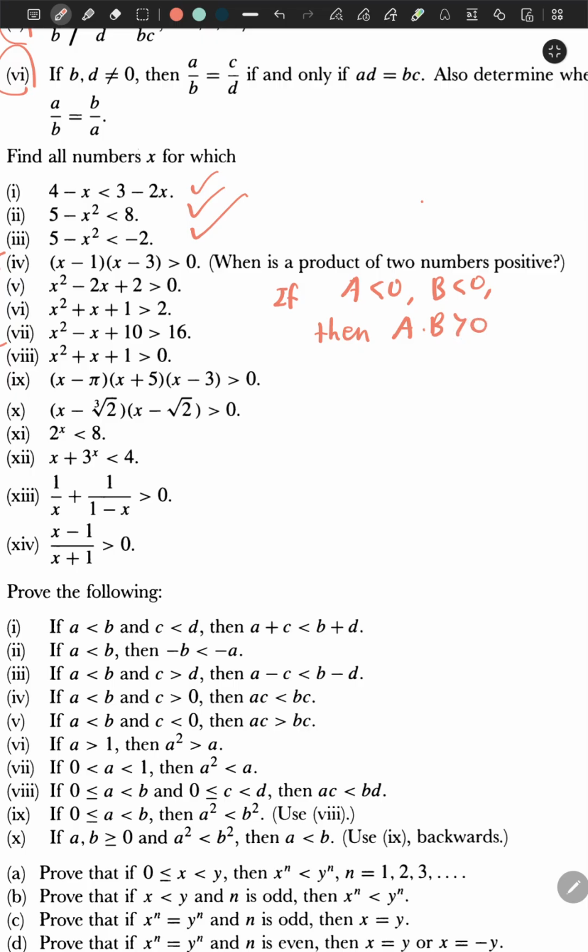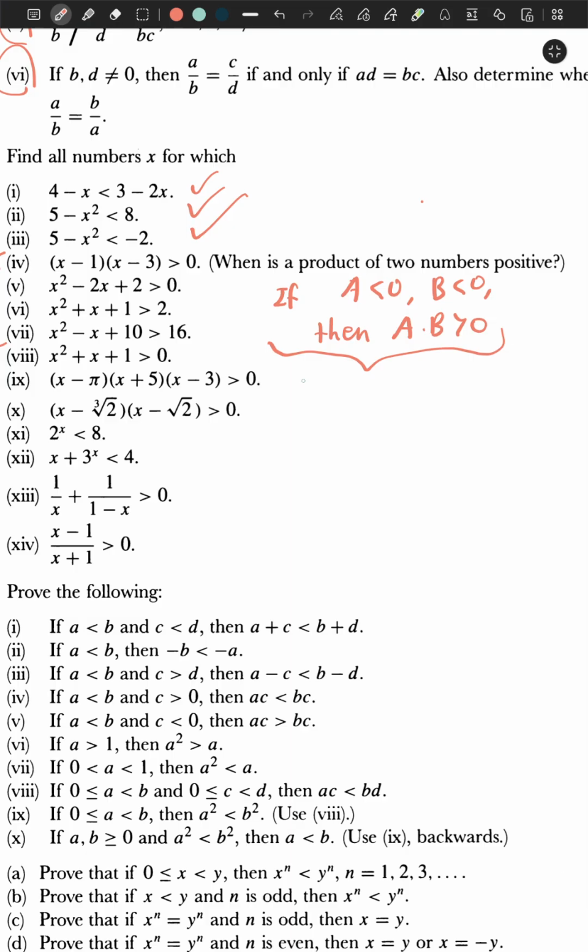This is the statement that we had to prove before saying that (x − 1)(x − 3) > 0 when x − 1 < 0 and x − 3 < 0. So to say that those are true, we need to prove this fact first. So how do we get there?